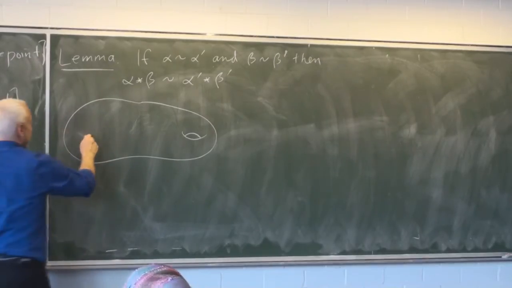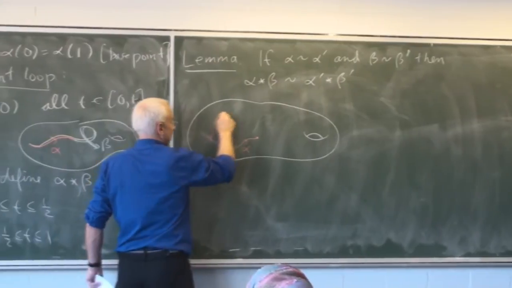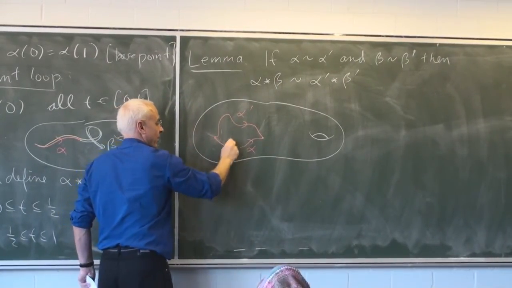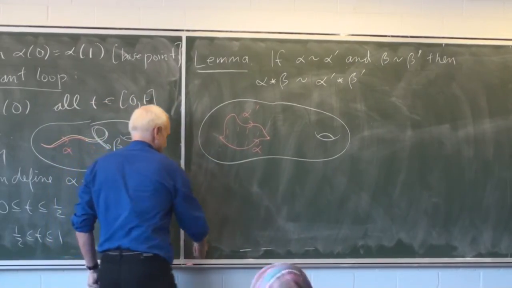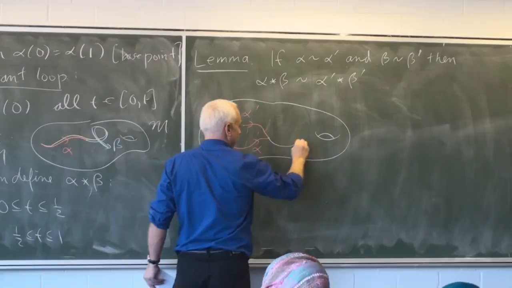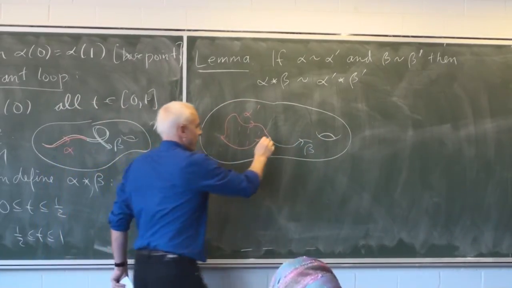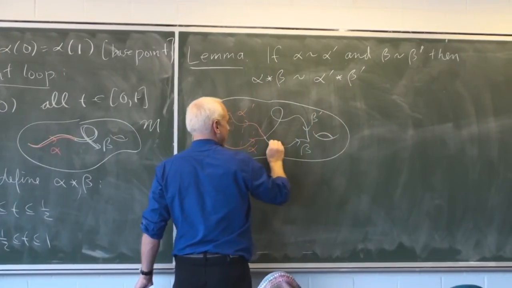So for example, suppose that's alpha, and suppose here is alpha prime, which is homotopic to it. And suppose that beta is such that it starts where alpha left off, and here is beta prime, which is homotopic to it.